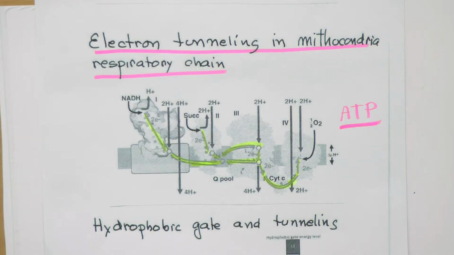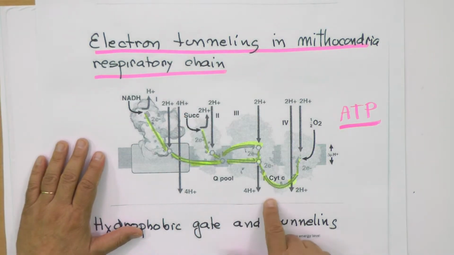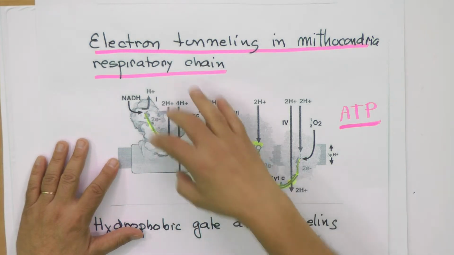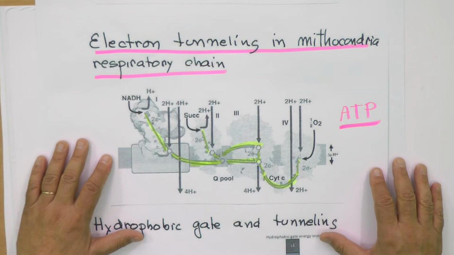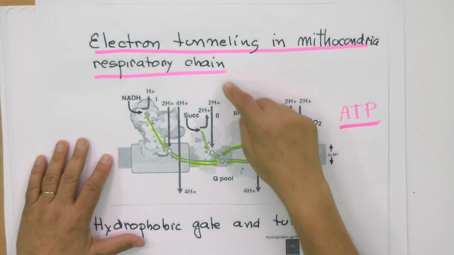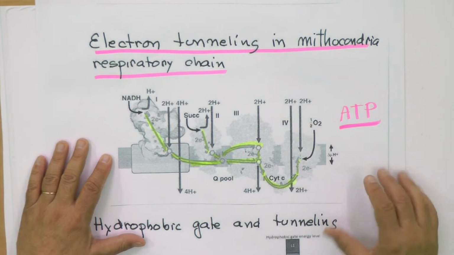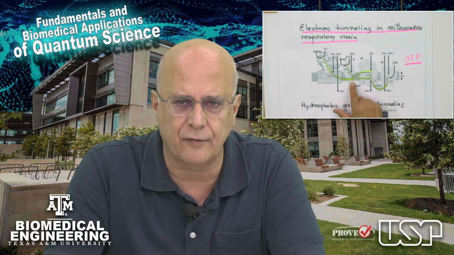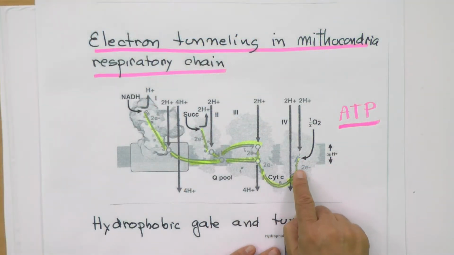And of course, you have a lot of transport of protons. Those are electron pathways, and they have a lot of barriers to bypass, to overcome, and they have a lot of proton transfer. Believe me, there is a lot of tunneling going on in different steps.